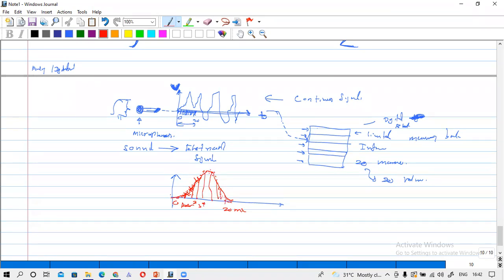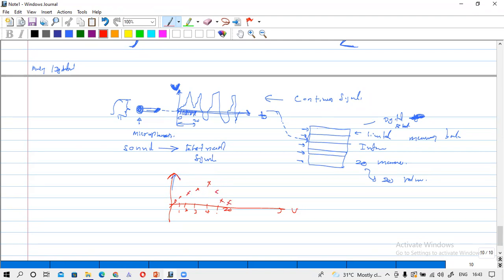Like this, you will get some voltage values.